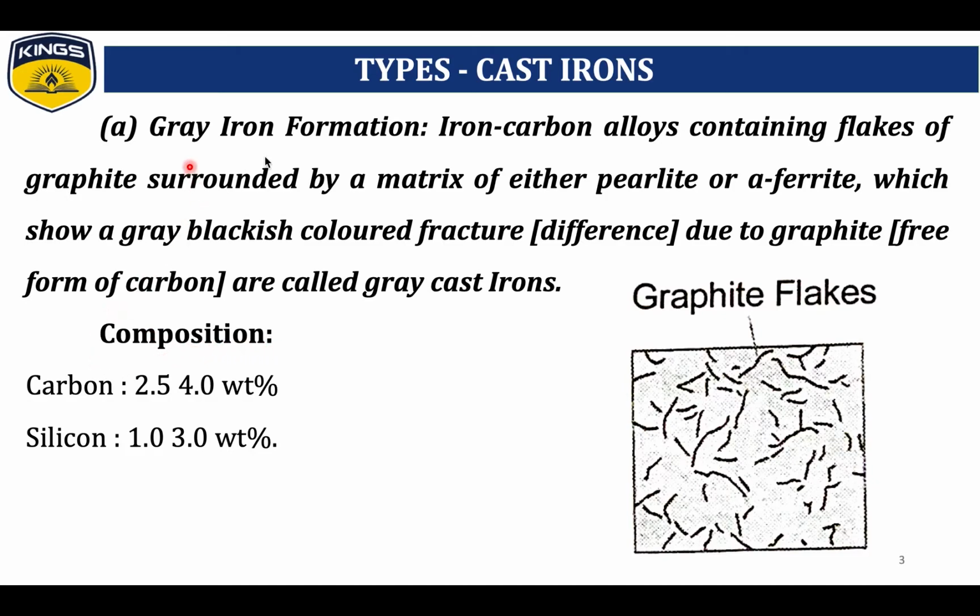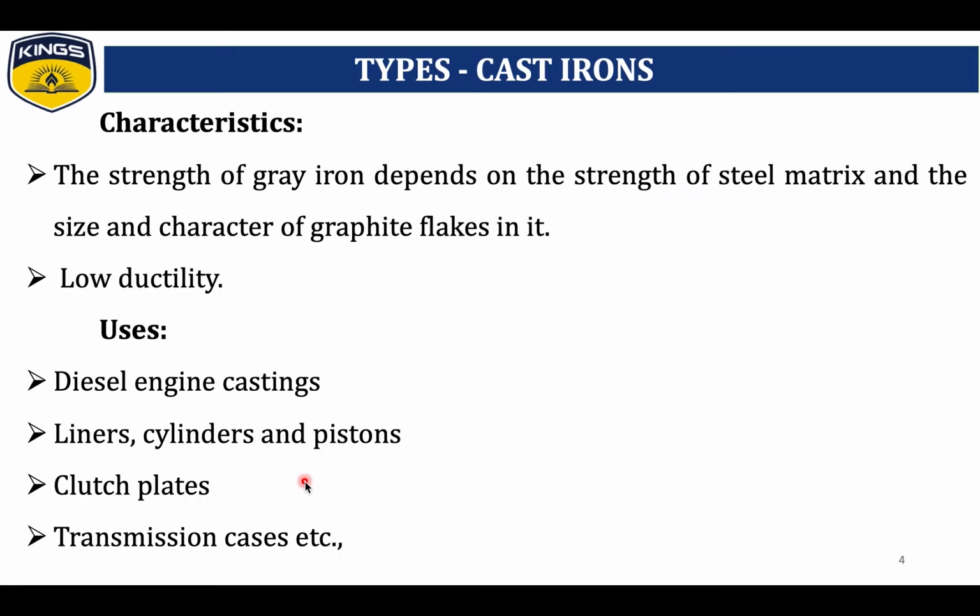This gray iron has the composition of carbon of 2.5 to 4 weight percentage and silicon of 1 to 3 weight percentage. Some of the important characteristics of this gray iron are the strength of the steel matrix and the size and character of graphite flakes in it.